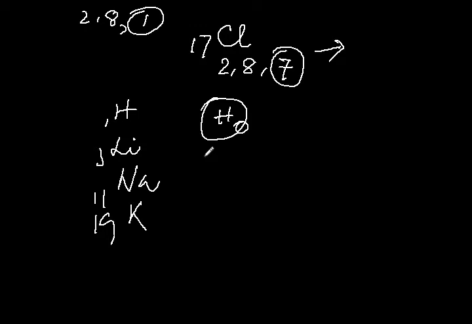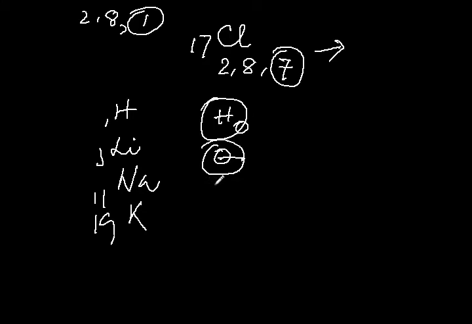But in case of lithium, there are two shells. So the distance from the nucleus to the outermost shell is greater than that of hydrogen. So the force of attraction between the nucleus and the outermost electron is less than that of hydrogen. So it will be convenient to remove one electron from lithium than from hydrogen. So the minimum energy required for lithium is less than that of hydrogen. So the ionization energy of lithium is less than that of hydrogen.